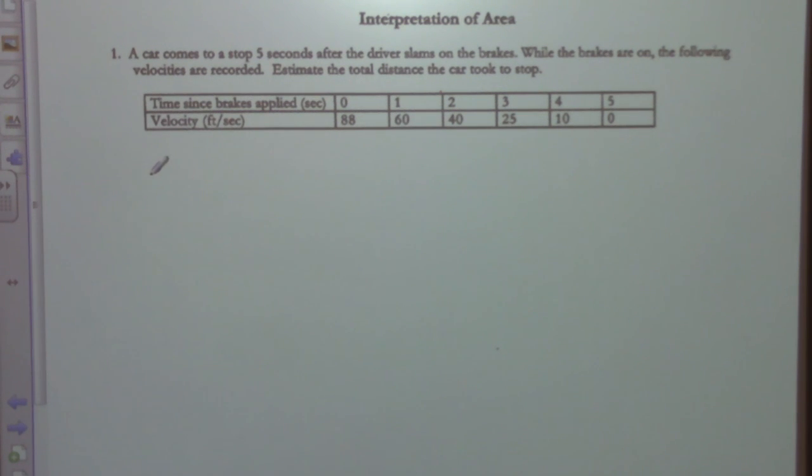So this is the right Riemann sum, estimate of the integral from 0 to 5 of v of t dt, equals 60 plus 40 plus 25 plus 10 plus 0 feet.